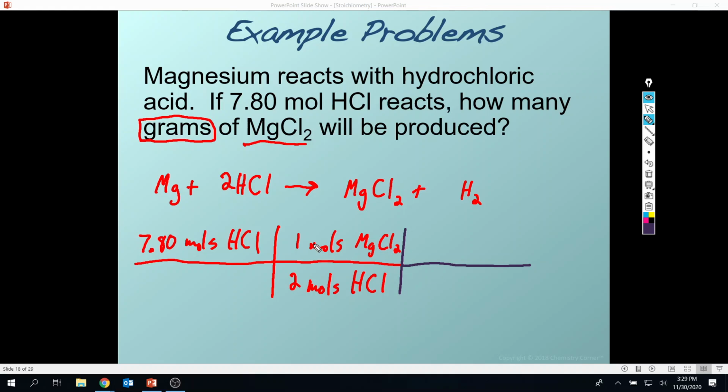And so now we need to get rid of our moles of magnesium chloride, and we need to get that into grams of magnesium chloride. All right. How many grams of magnesium chloride are there in 1 mole? How would we know? Look at the atomic mass.